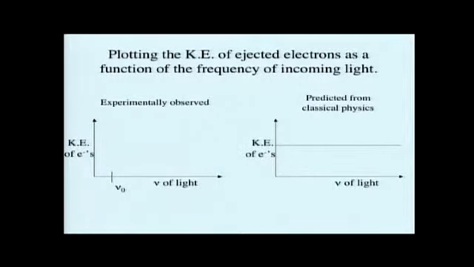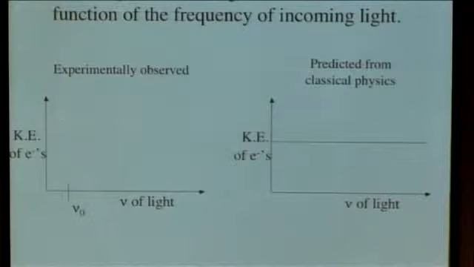So what they decided to do was just study absolutely everything they could about the photoelectric effect, and hope at some point someone would piece something together that could explain what's going on or shed some light on this effect. So one thing they did, because it was so easy to measure kinetic energy of electrons, is plot the frequency of the light against the kinetic energy of the electron that's coming off here. And in your notes and on these slides, just for your reference, I'm pointing out what's going to be predicted from classical physics.